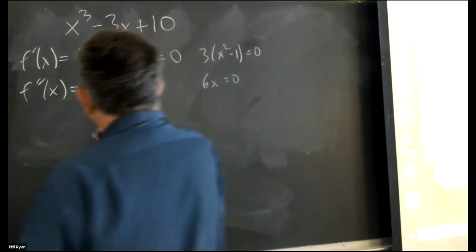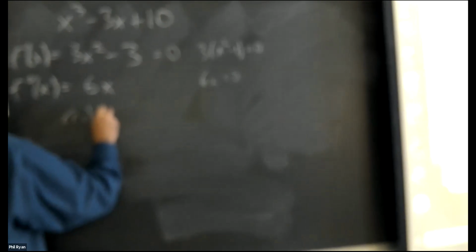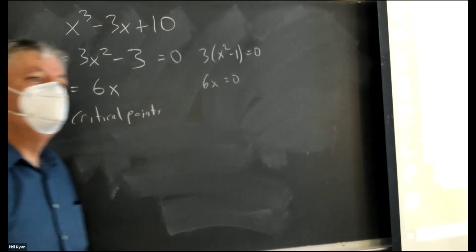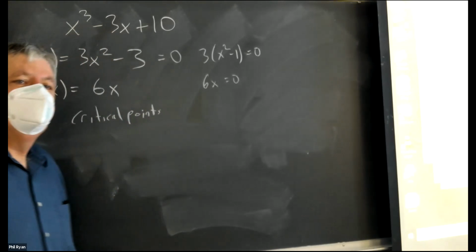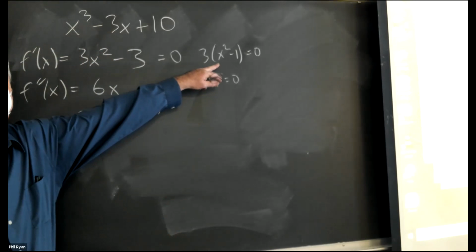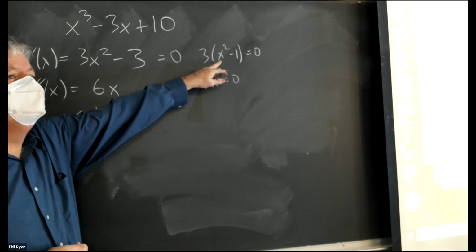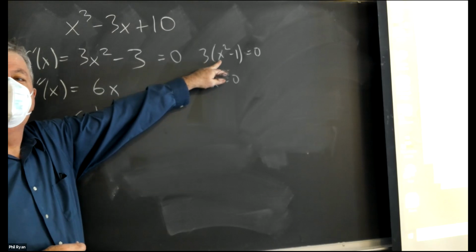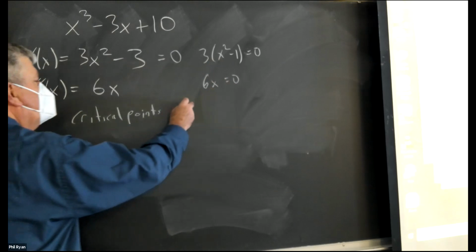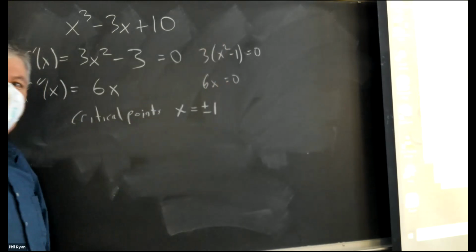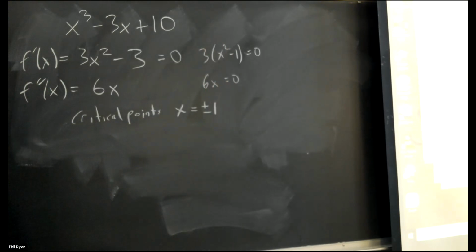So the critical points are what? When is this equal to 0? Not 3. Plus or minus 1. The 3 there is kind of a red herring. It doesn't really do anything.